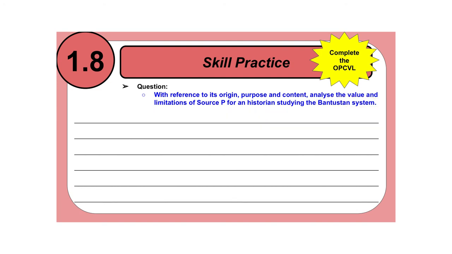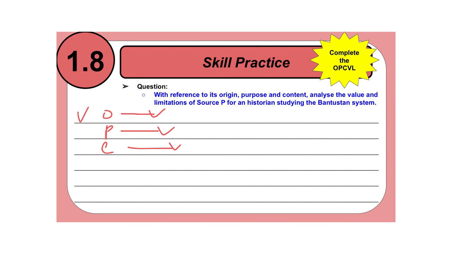Here is where you would begin writing a paragraph, with reference to its origin and purpose. You would start with a paragraph about values: this document's origin is here, and it is a value because of that. Then the purpose of the document is this, and its value is this. Here's something about the content, and it is valuable because of that.